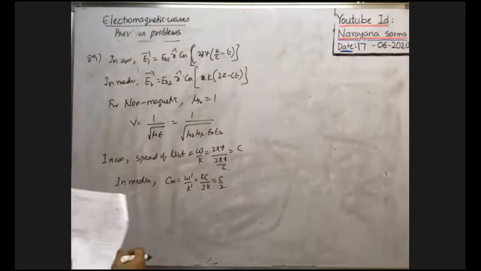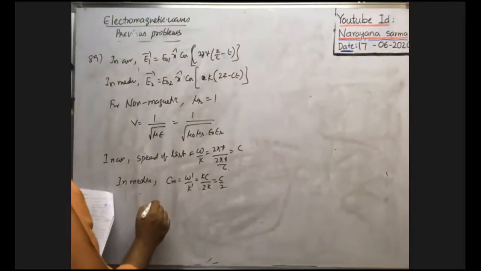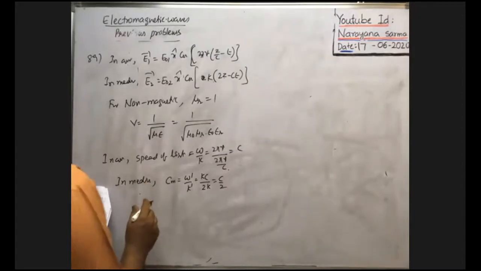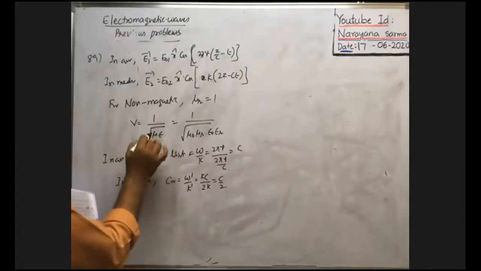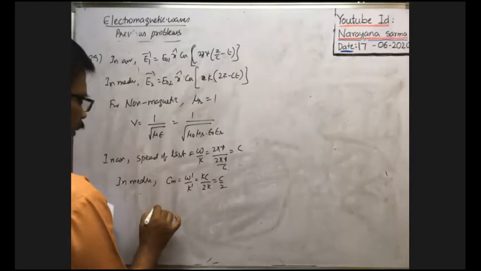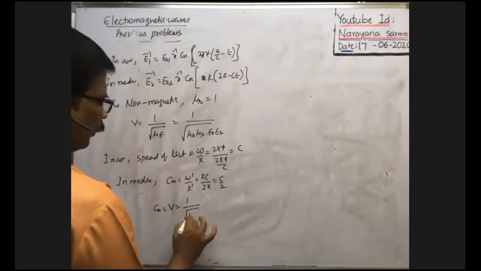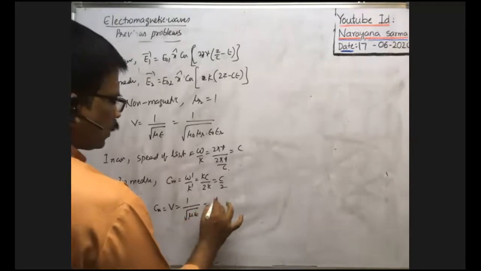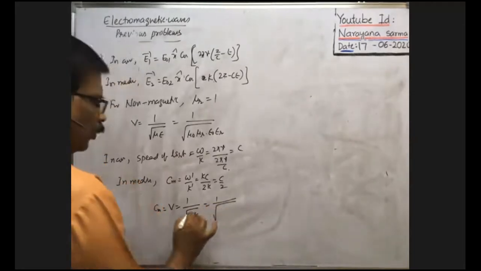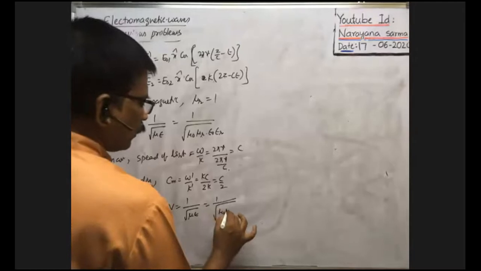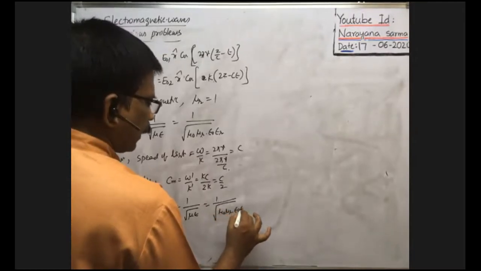Therefore, speed of light in medium can be written in terms of mu and epsilon: v is equal to 1 by root mu epsilon, which is 1 by root of mu naught mu r into epsilon naught epsilon r.